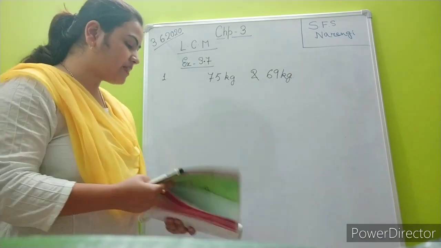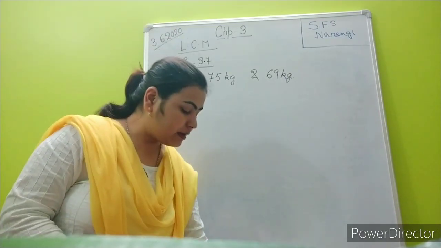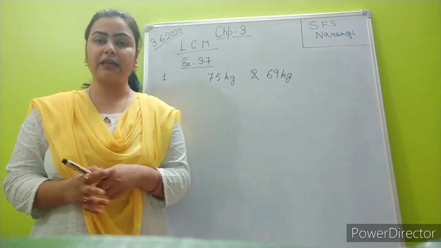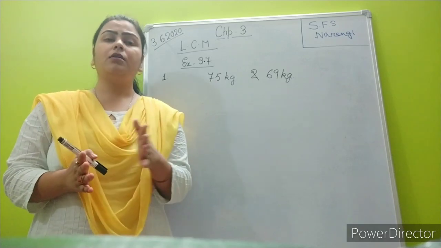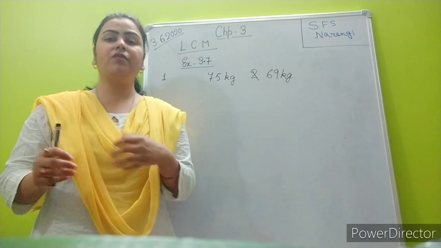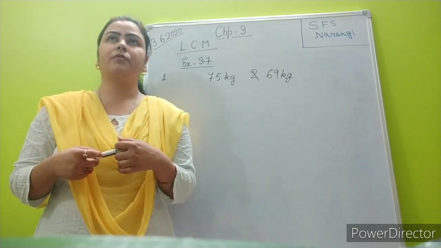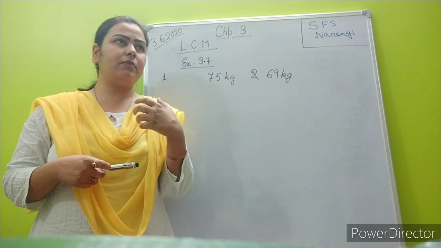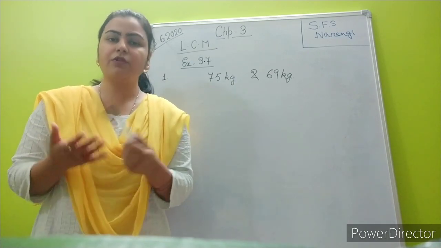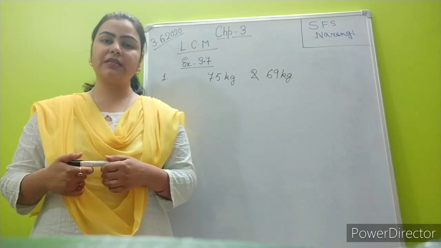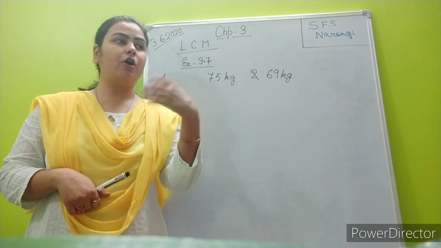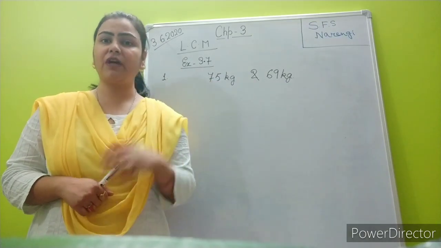Now, let us just assume that they are not having the weight of 75 kg and 69 kg. I'm sure you all have gone to the shops once in your life with your parents, right? Whenever they go to buy maybe some sugar or rice, pulses and all, what do your parents say? Your parents say give me 1 kg of pulse, or give me 1 kg of rice or 1.5 kg of rice.